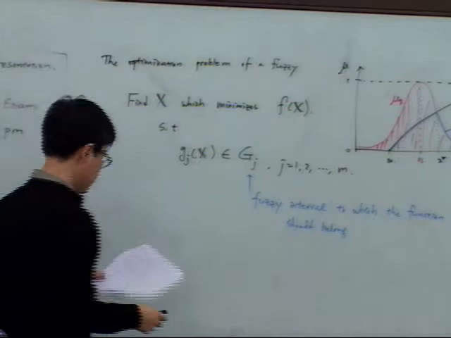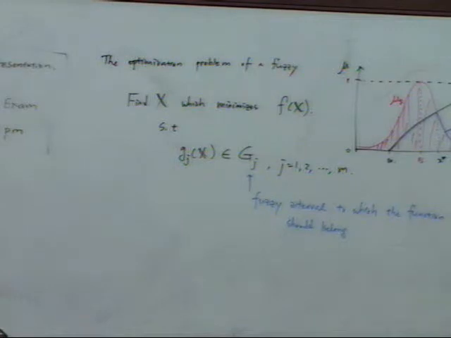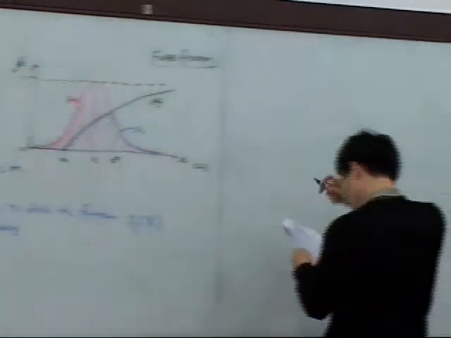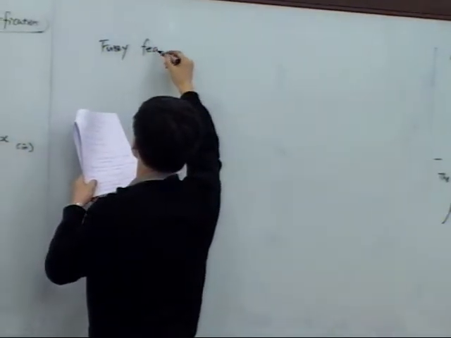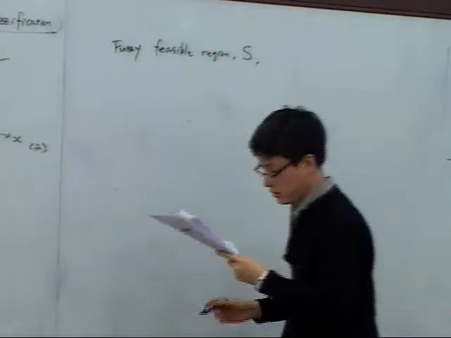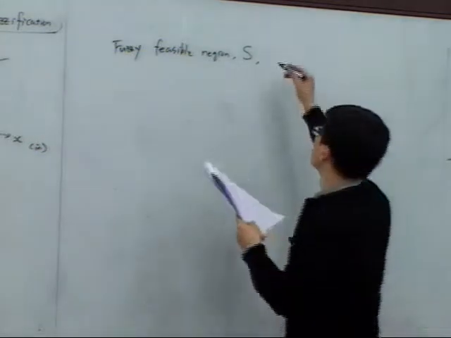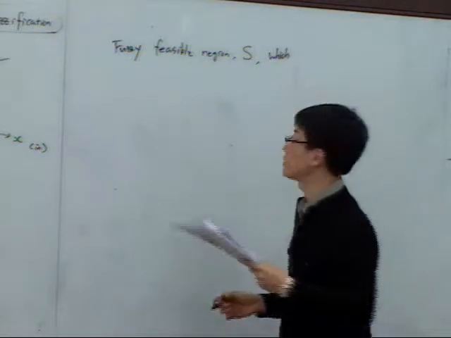Okay, and thus the fuzzy feasible region S is nothing more than the intersection of all large G sub j.